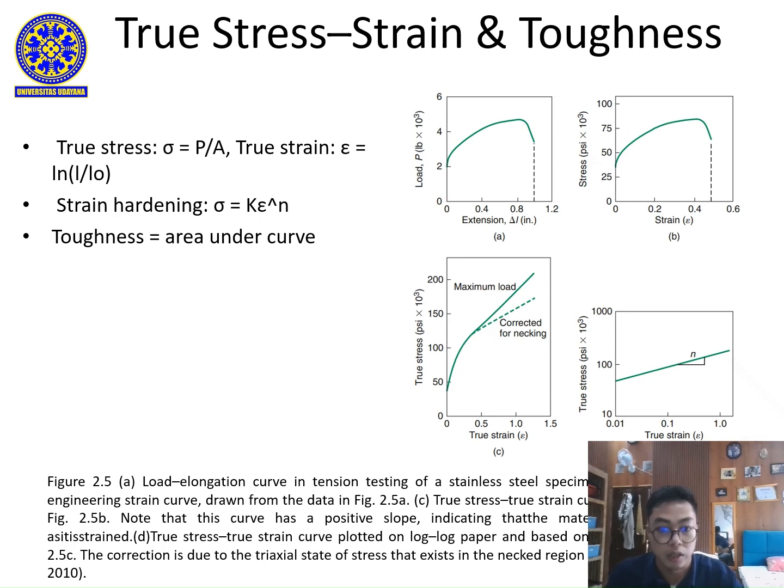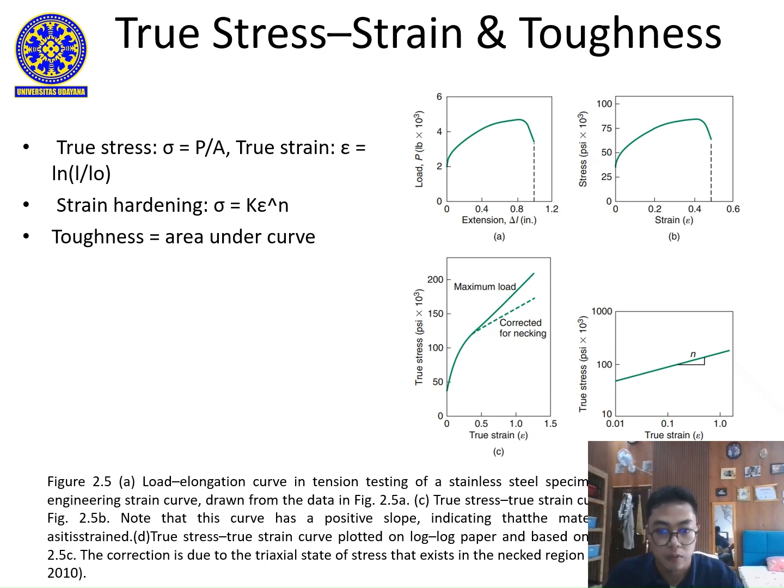The equation sigma equals k times epsilon to the power of n represents strain hardening, where materials become stronger as they are deformed. The area under the curve represents toughness, which is the total energy absorbed before fracture.